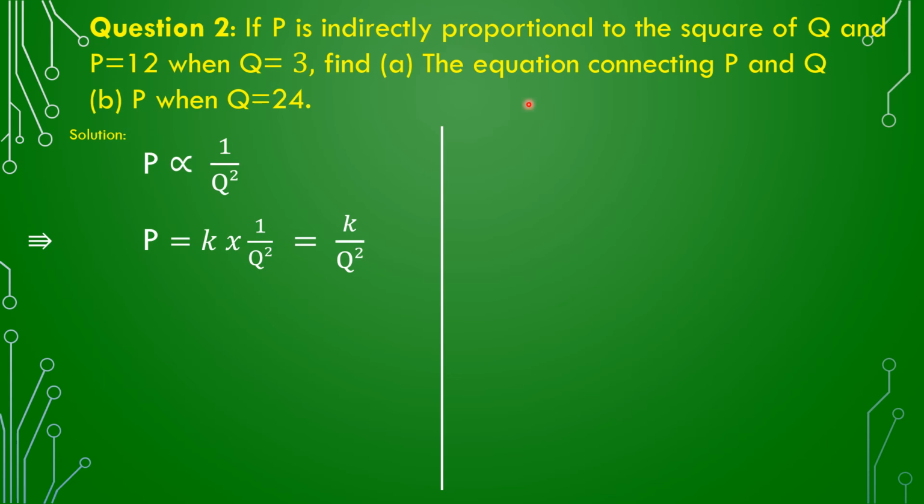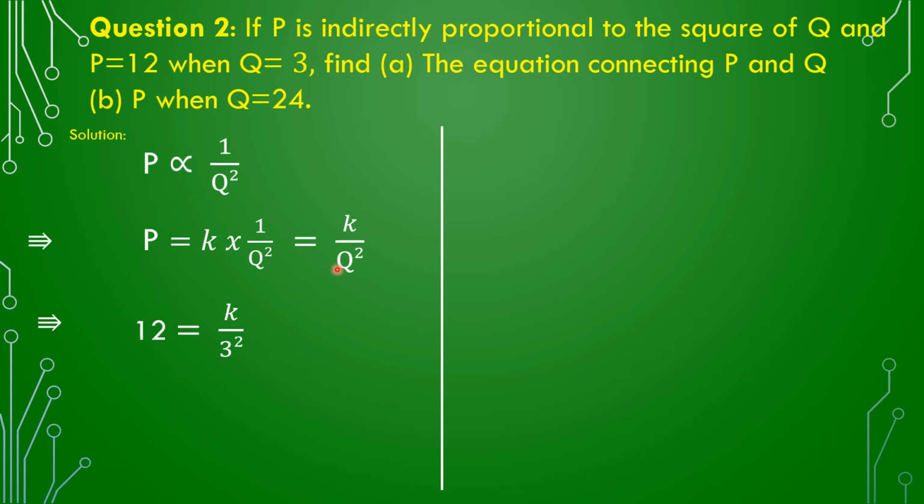Now, they say find the equation connecting P and Q. If you go further, they said P is 12 when Q is 3. Now we have to solve for the constant of proportionality, as I told you earlier.